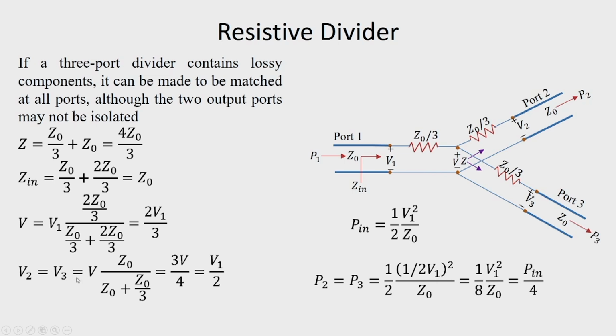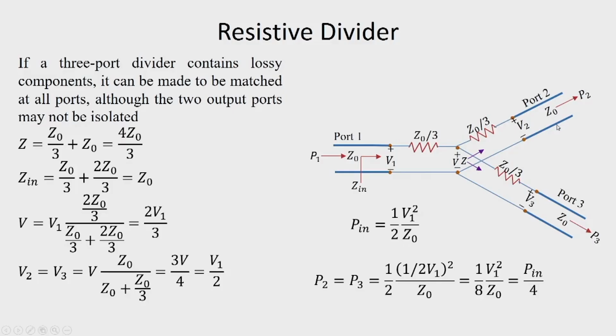Now, V2 and V3 are V1 by 2, and therefore, it becomes half V1 square by Z naught multiplied by half, and it becomes 1 by 8 V1 square by Z naught, and that means it is P in by 4, that means 1/4 of the input power.